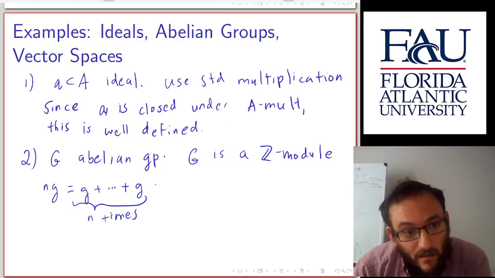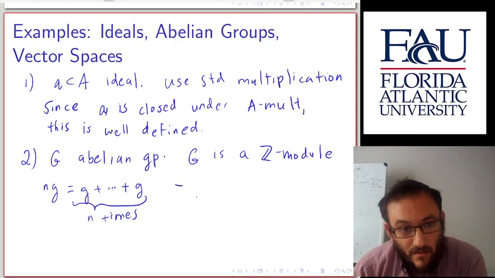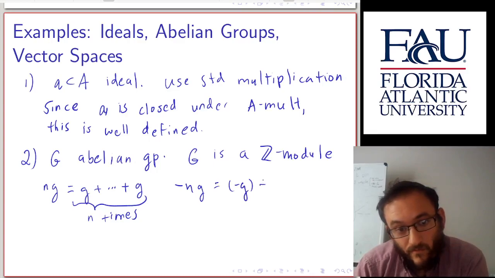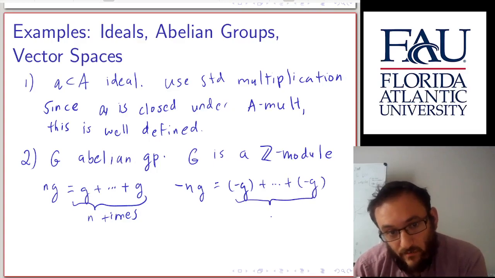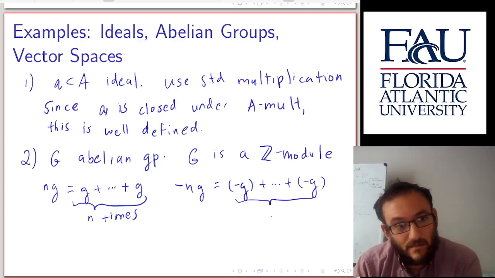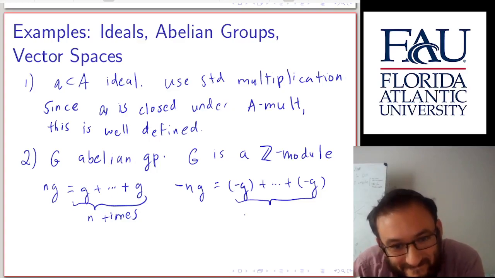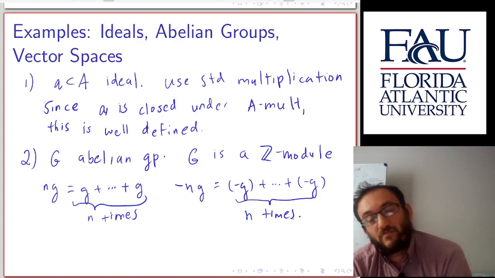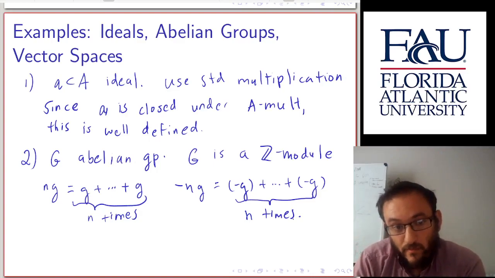And minus nG is the same thing, but you use the additive inverse of G, which has to be in there because it's an abelian group. So in this way, we have a well-defined Z multiplication on our group.